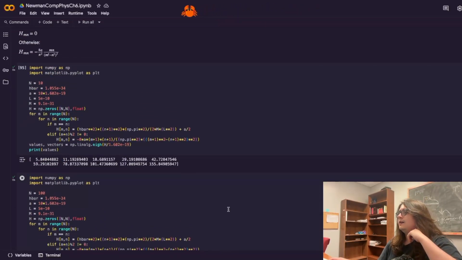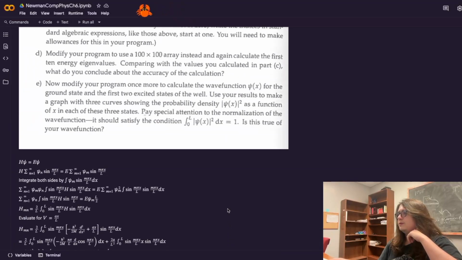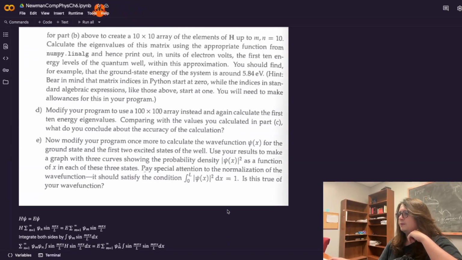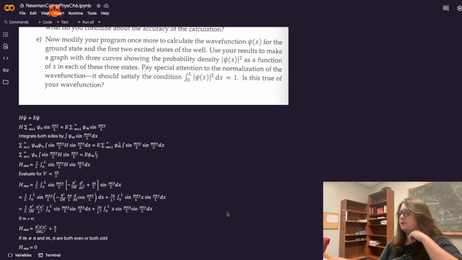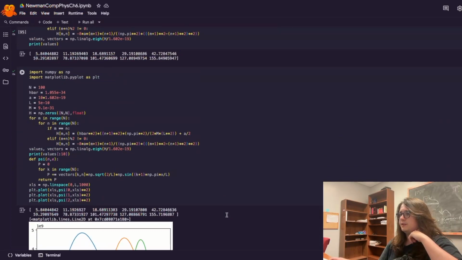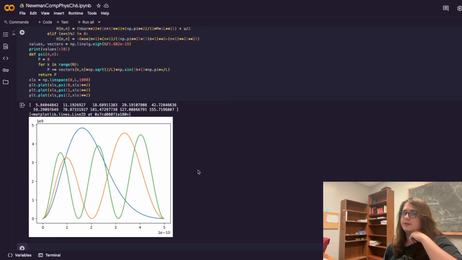No. I really don't know what I'm doing wrong here, but it actually turns out that the normalization of these guys is heavily dependent on how many different sample points you use to do the plot.